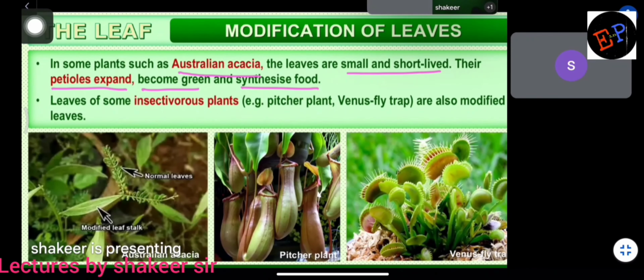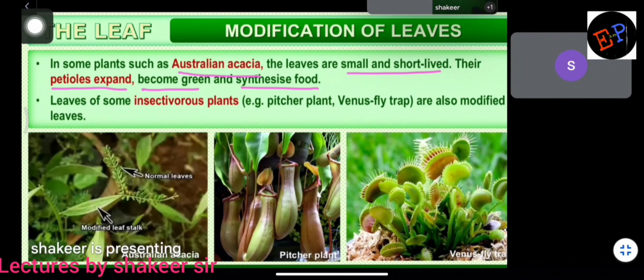So in Australian acacia, leaves are very small and don't live long. They fall to the ground after a short period. Then the petioles, the supporting structures of the leaf, expand and increase their surface area to perform photosynthesis. This is a very interesting point. Australian acacia has this characteristic.